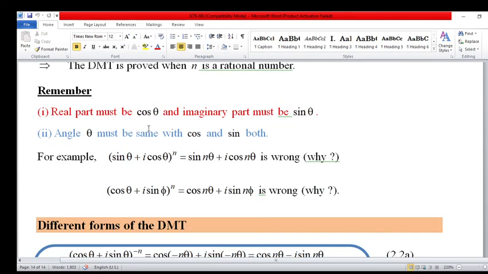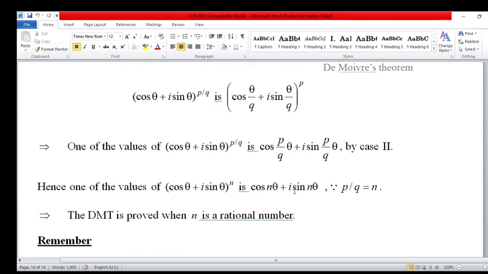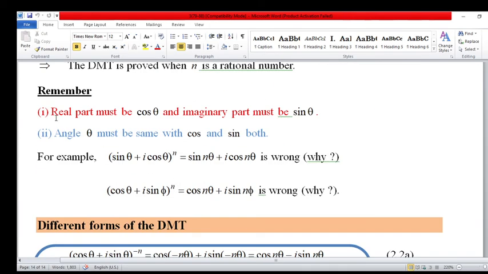Now these are the results, and these are the conditions for DMT. Look here, the first part is real, without i, and the second part is the imaginary part. So we take some important conditions. First, the real part must be cos theta, and the imaginary part must be sin theta.